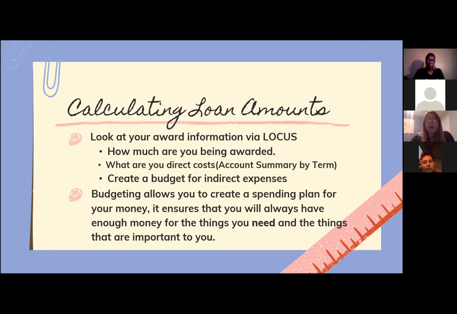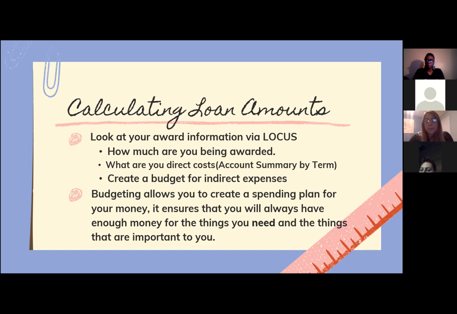You want to find out how much it is that you're being awarded, what's being offered to you, whether that's institutional funding, federal funding in the form of unsubsidized loans, federal funding in the form of Graduate Plus loans, or for some students who decide to take a private loan route, that is the funding that is available to them. What are your direct costs? You want to look at your account summary by term, which is available via your Student Locus account. Here you'll find most up-to-date information about what is being billed to you for that term.